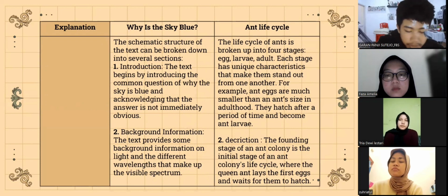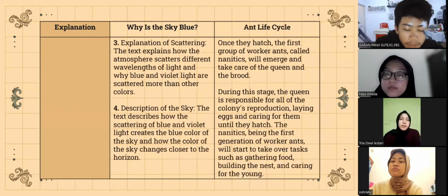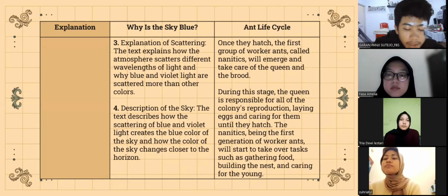The founding stage of an ant colony is the initial stage of an ant colony's life cycle, when the queen ant lays the first eggs and waits for them to hatch. Once they hatch, the first group of worker ants, called nanitics, will emerge and take care of the queen and the brood. During this stage, the queen is responsible for all of the colony's reproduction, laying eggs and carrying them until they hatch.